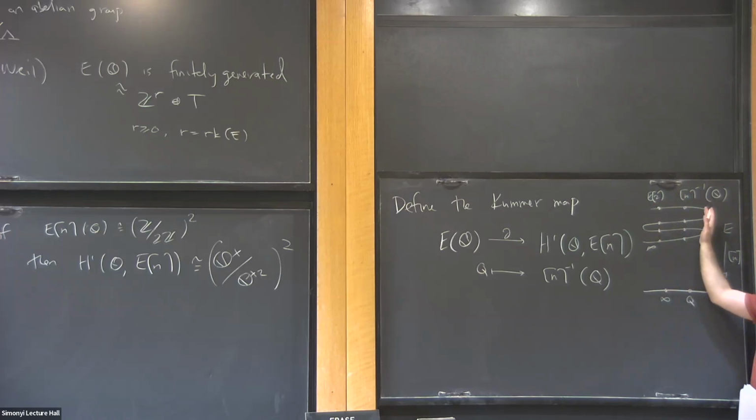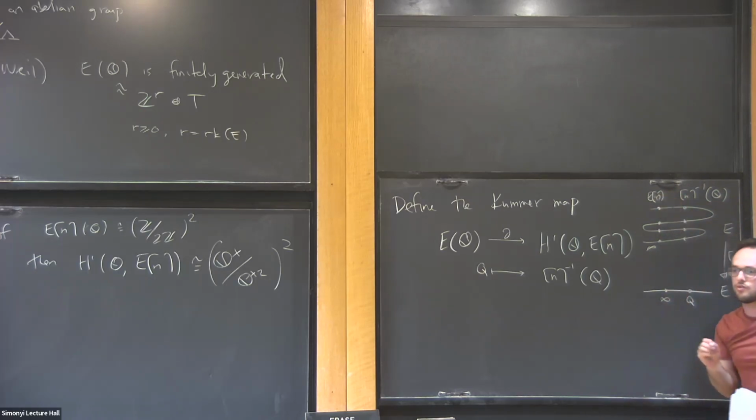So this acts on this simply transitively. Individually, these points need not be defined over Q, but as a set they are, because this one was defined over Q and this is defined over Q. And they even have this extra structure of being a torsor under E2 in this case, but this is just a character. This works for all of them.